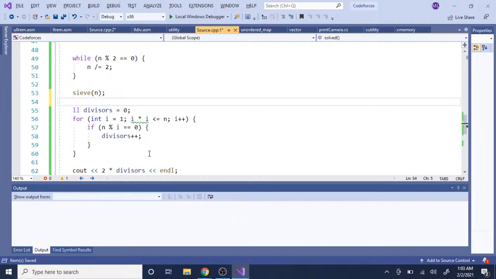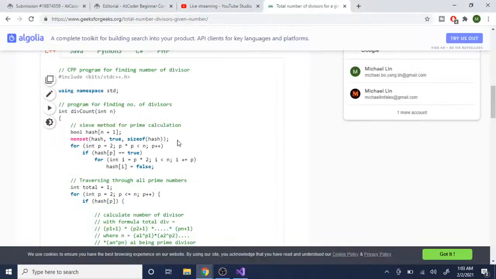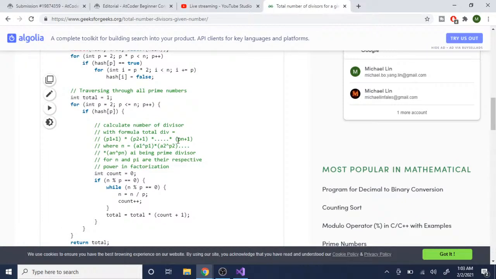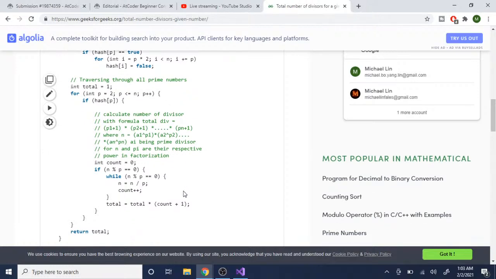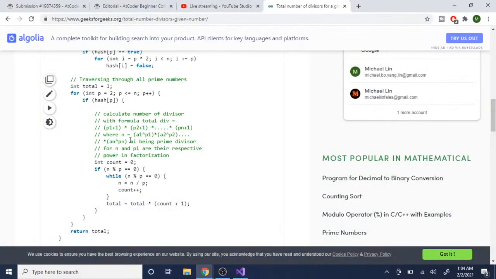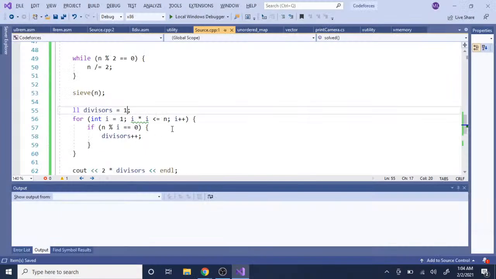Now, if it's prime, what did they say? Traverse through all prime numbers. Divisors equal 1. So I'm actually going to traverse. I'll do this.